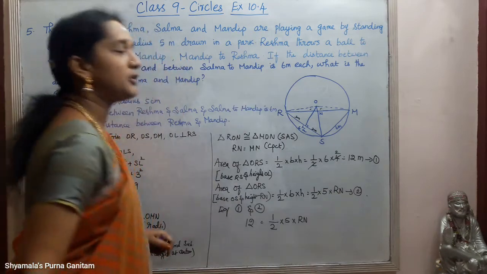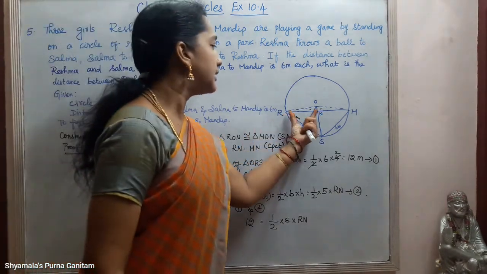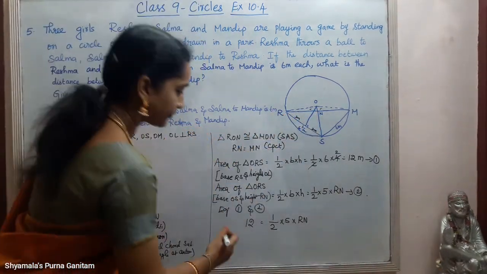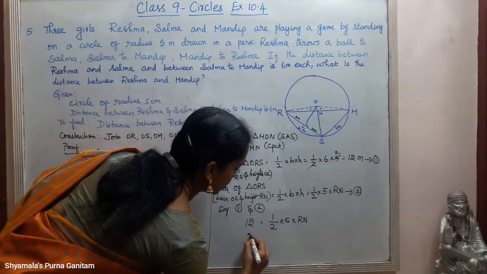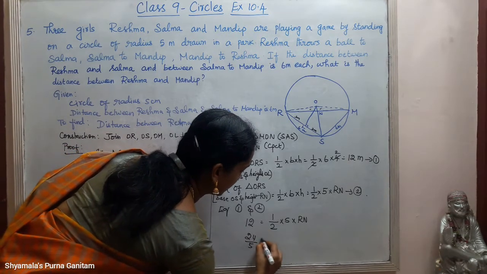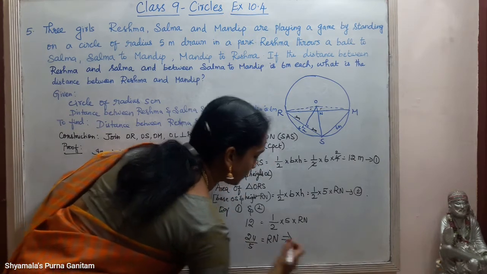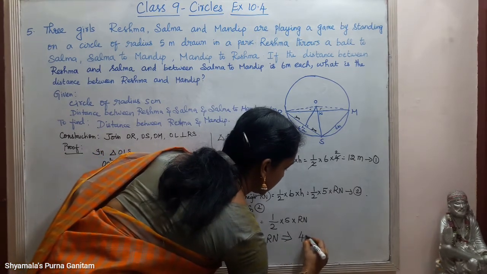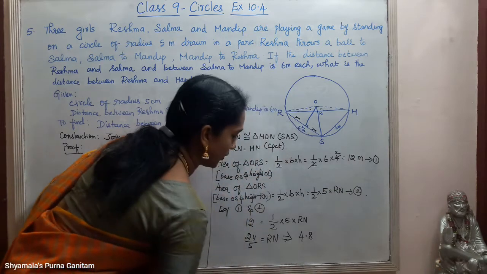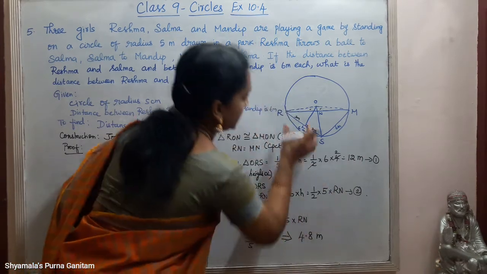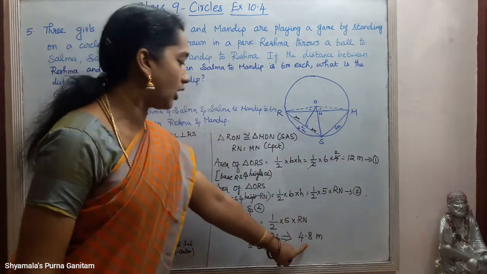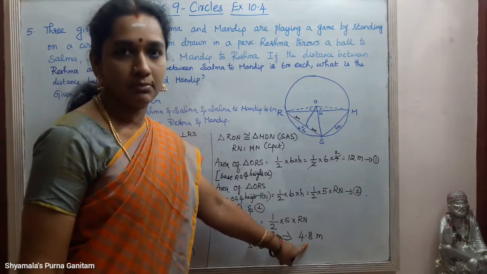When we simplify this, we will get RN. 12 2s are 24. 24 by 5 is equal to RN. Simplifying 24 by 5, we got RN as 4.8 meter.